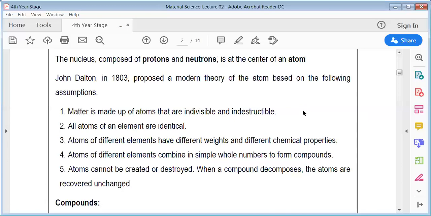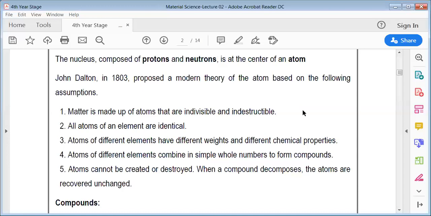Number four, atoms of different elements combine in simple whole-number ratios to form compounds. For example, one oxygen atom combined with two hydrogen atoms makes one compound which is called water. Another example, one sodium combined with one chlorine makes sodium chloride.